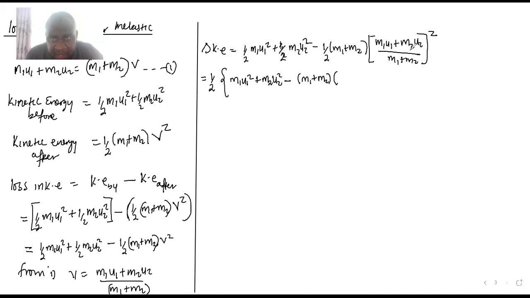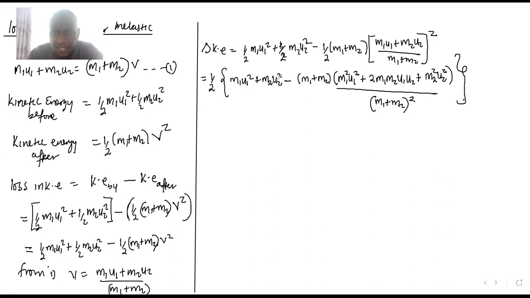Open the biggest bracket in the second term, which is going to be the expansion of M1 U1 squared plus twice M1 M2 U1 U2 plus the expansion of the square of M2 U2, both squared, close that big bracket, which is squared, all divided by M1 plus M2. Now the whole of this also is raised to a square, close curved brackets.